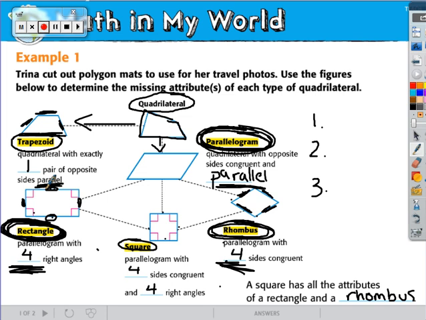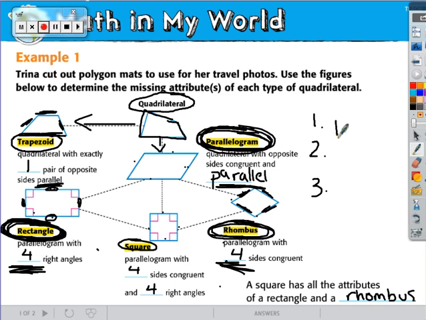I have 1 pair in my trapezoid that's parallel. How many pairs of parallel sides do I have in my parallelogram? 2. I have 2 pairs. So that's going to be the first thing that we look at, because if you only have 1 pair of parallel sides, what is it? It's a trapezoid. If we only have one pair of parallel sides, it's automatically a trapezoid.